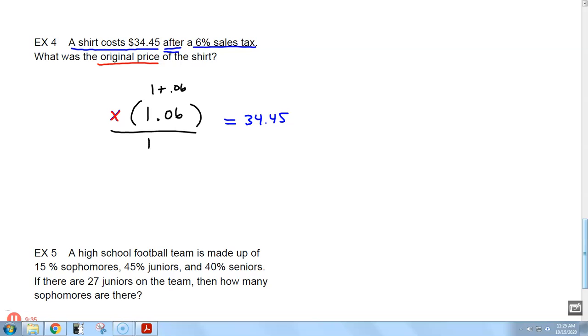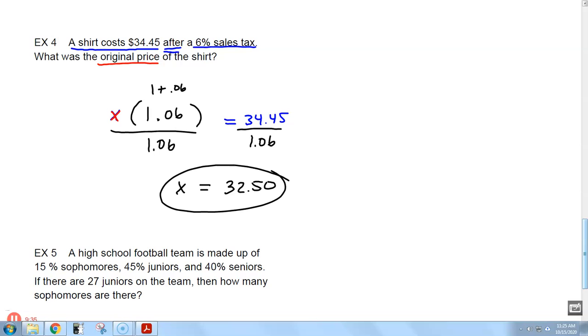So to solve this, you simply divide by 1.06. You do this on every problem in Michigan if you want to work backwards to get the original price. So 34.45 divided by 1.06 equals 32.50. So that was the original price.